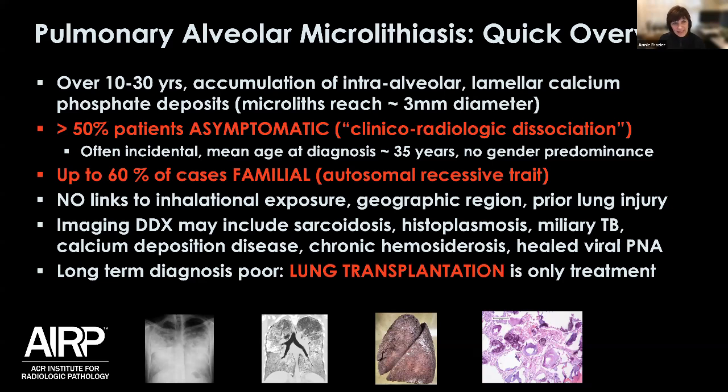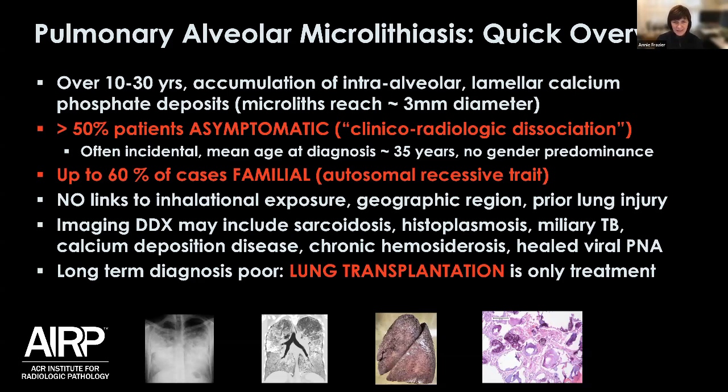There are no real links to inhalational exposure, geography, where you live, whether you've had a prior infection or other lung injury. It's not a pneumoconiosis. But the differential diagnosis would include pneumoconiosis, sarcoid, histoplasmosis, miliary TB, calcium deposition diseases from chronic renal failure, and healed viral pneumonia.